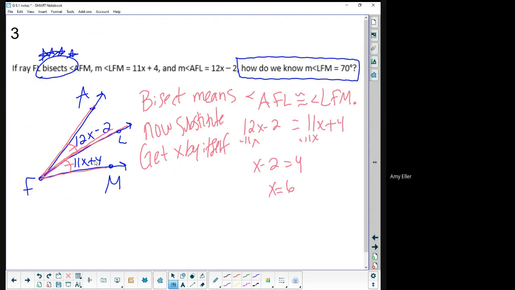Would this be a good place to stop? X equals 6? No, because it says we have to show all the steps for getting LFM 70. Any ideas how I'm going to get there?